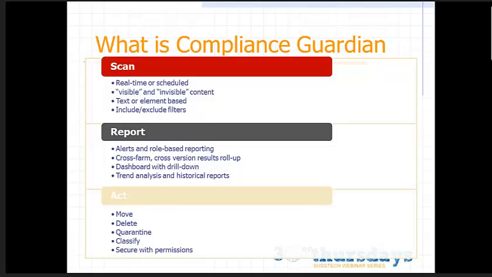Those actions include the ability to move a document, delete a document, quarantine a document, or secure the document in place by stripping and changing the SharePoint permissions. We can also classify that document with a tag. We can embed the tag in the document itself or add a metadata tag to SharePoint. Those actions can all be invoked with the scheduled scanner as well.